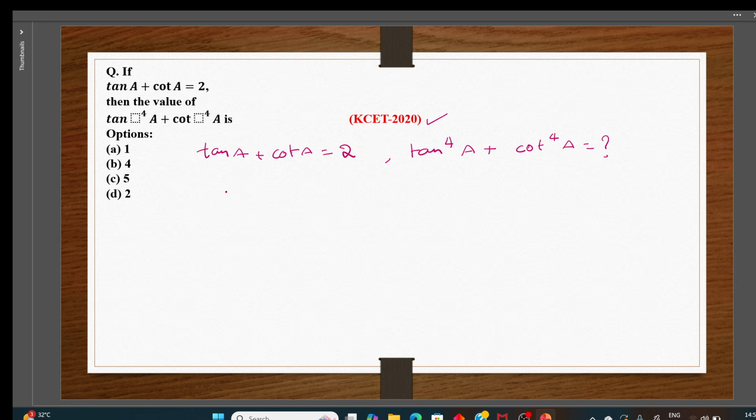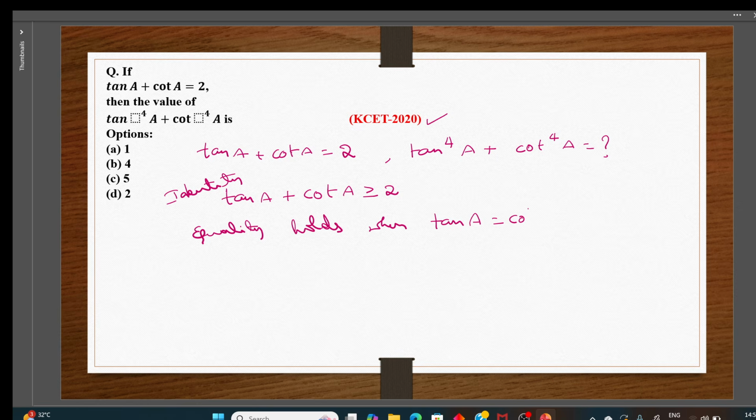Here we use one identity: tan a plus cot a is greater than or equal to 2, and equality holds when tan a is equal to cot a is equal to 1.